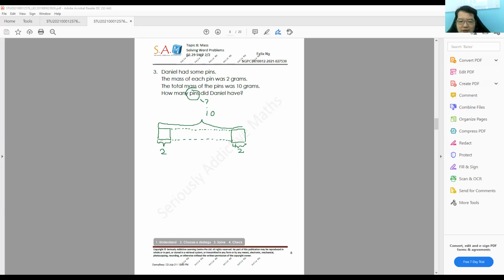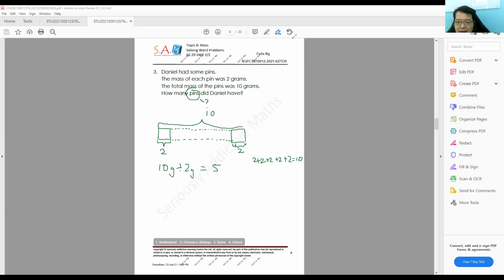So 10 grams divided by 2 grams will give you 5. What that means is there are 5 pins. Does that make sense? Each pin is 2, so 2 plus 2 plus 2 plus 2 plus 2 equals 10.